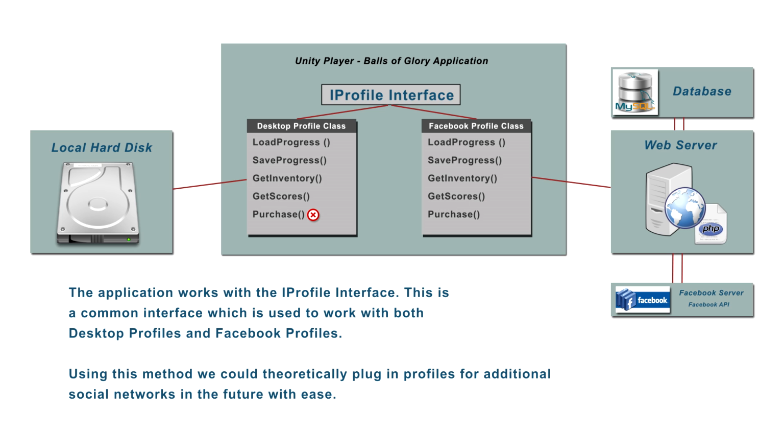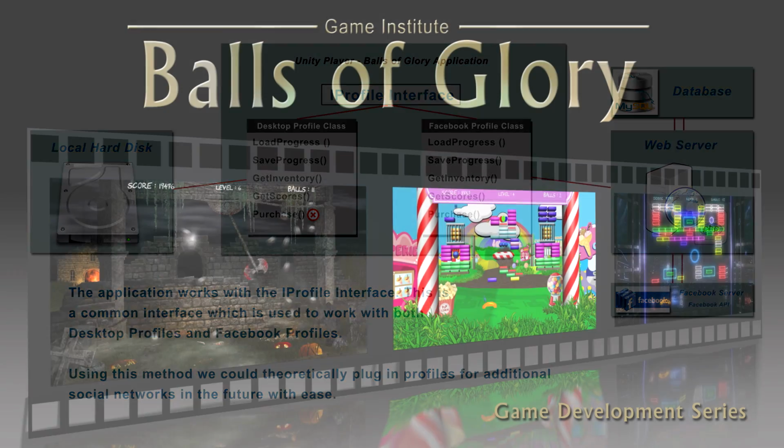However, we must also remember that the iProfile interface is what we're going to be using to access and describe the Facebook profile object. So its initialization function needs to be asynchronous, and that's why there are cases like this where you may see us in the desktop profile implementing things as coroutines when really they just don't need to be. But you'll see later on that they do need to be when we create the Facebook version.